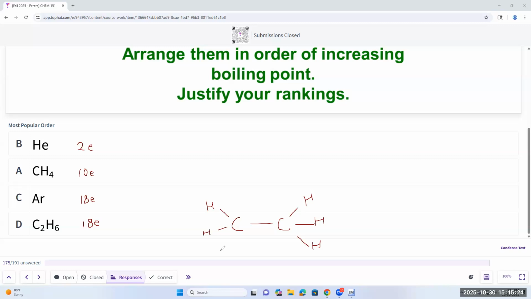While argon is just a spherical atom, which is smaller than C2H6. Because C2H6 is larger than argon, it is more polarizable. Therefore, it should have stronger dispersion forces than argon, and that's why we pick this order for the boiling points.